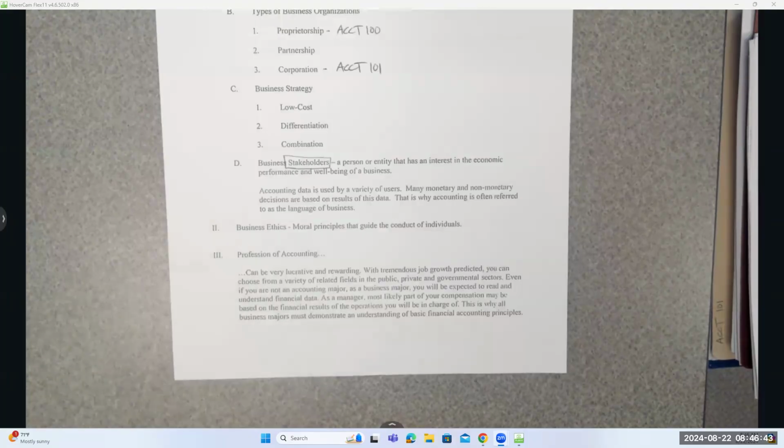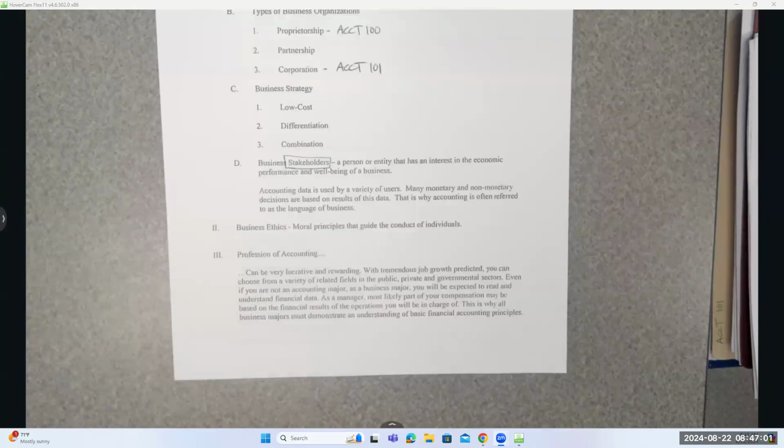Employees have a financial stake in the business because they get paid from the business and they want the business to continue operating so they continue to have a job. Customers have a financial interest in the company because if they like our products, they're buying our products and they want us to keep selling the products so they can buy them.